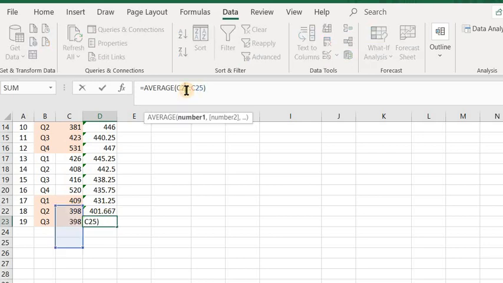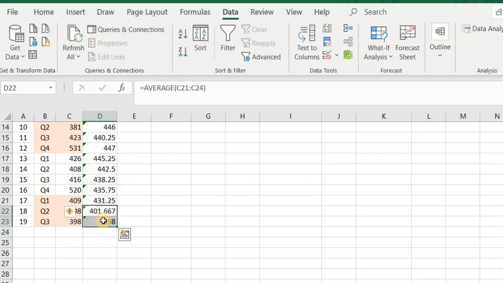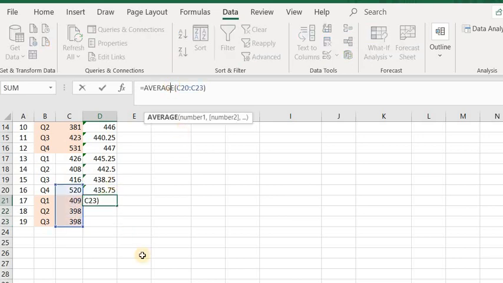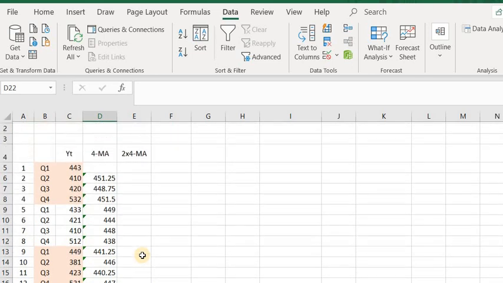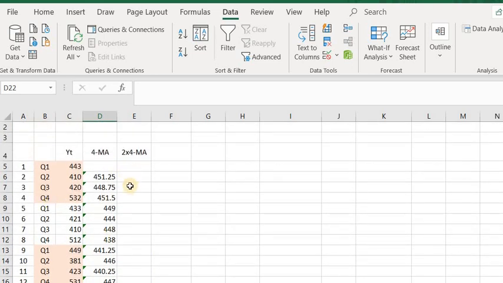So for the last 2, we don't have this data. The last one is this one. Next is 2 times 4. 2 times 4 means that we take the average of these 2 data.